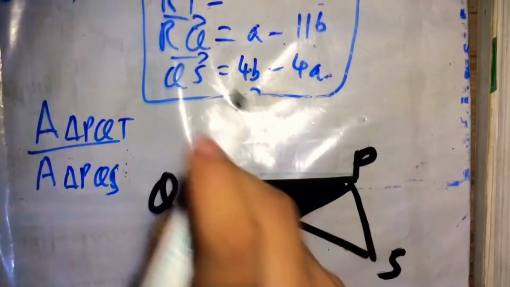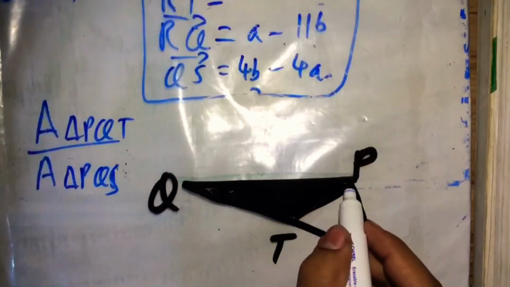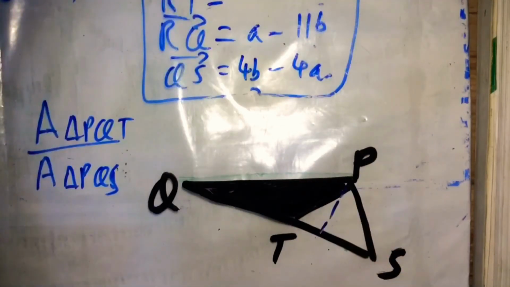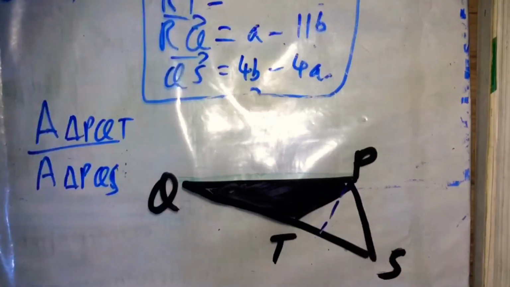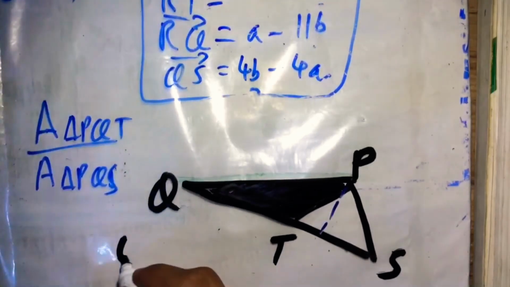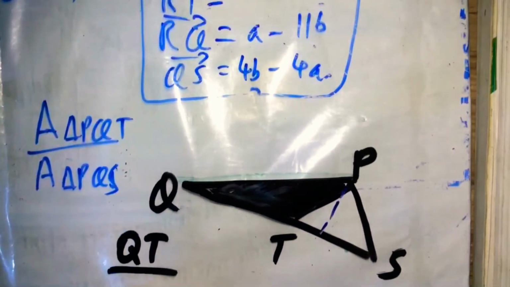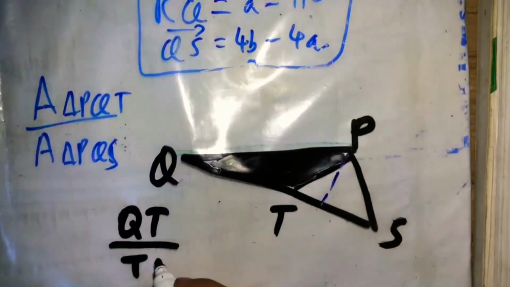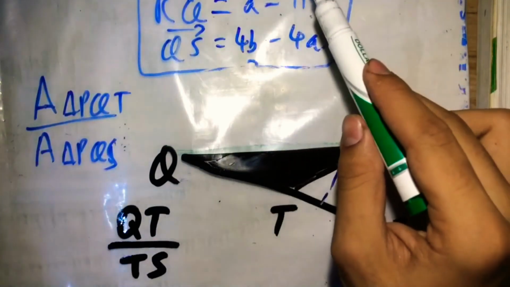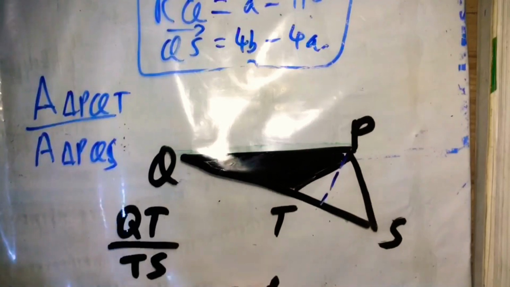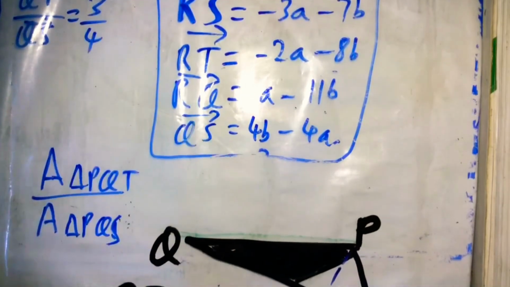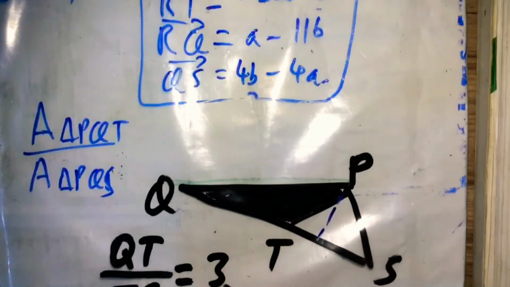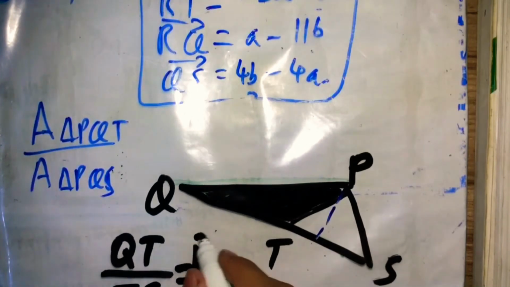Now here we can see that the height, which is the blue one, is equal for both triangles. So the ratio of their areas will be equal to the ratio of their bases. Now the ratio of their bases is QT upon QS, which we found in the last part was 3 upon 4. So the answer to this part will also be 3 upon 4.